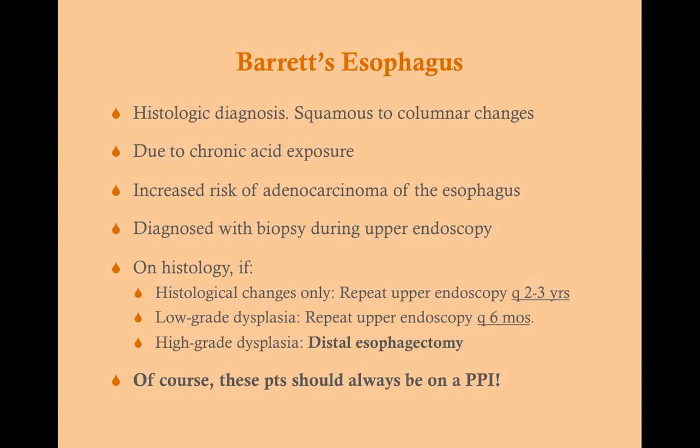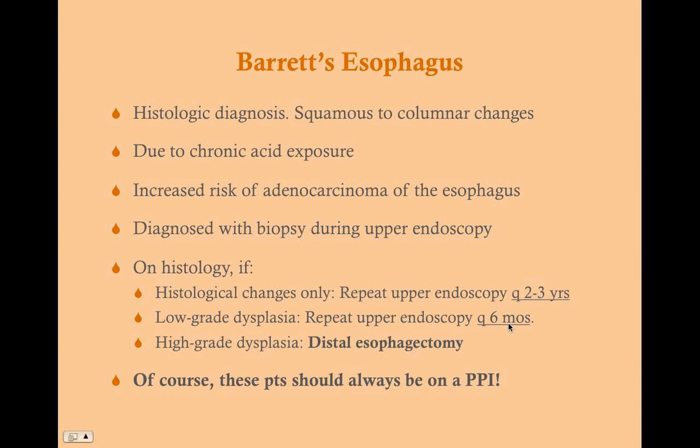So it's not that big a deal at this point. Now, if they have low-grade dysplasia, if the cells start to look a little funky, then you repeat the upper endoscopy at 6 months.